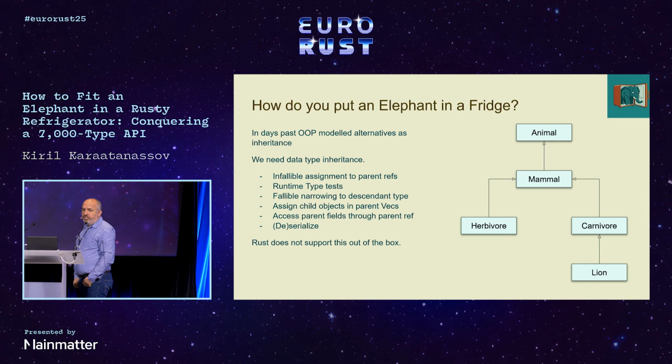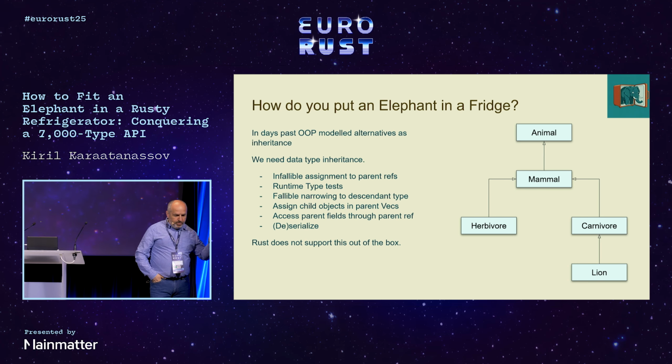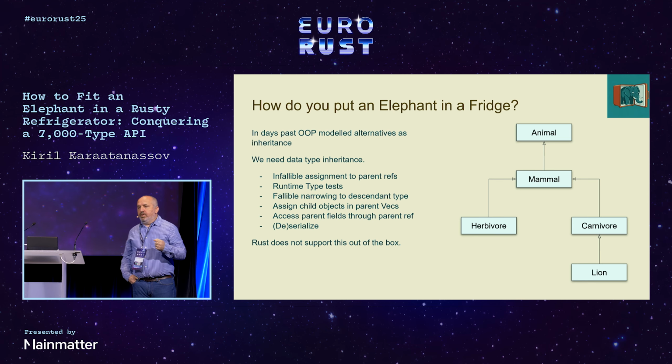Yeah. We want to be able to also have containers like vectors in the virtual infrastructure API. This is the only kind of container I had to deal with. And we want to be able to say I have a reference to an animal. I want to be able through that reference to access the functionality of the animal type, even though it might be something more specific.